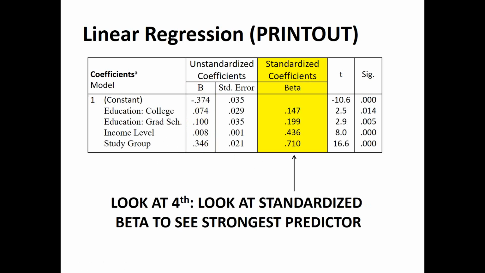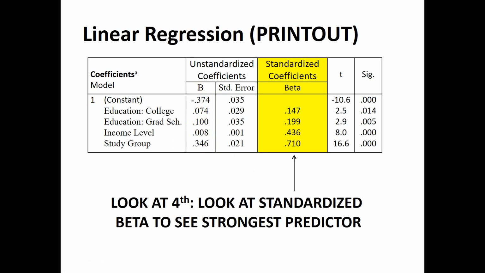And the standardized beta tells us the strongest predictor in the model. So it could be study group is significant, but maybe income level is the stronger predictor. But that's not the case. For the standardized coefficient, study group actually has 0.71. So that's the strongest predictor in the model by far.